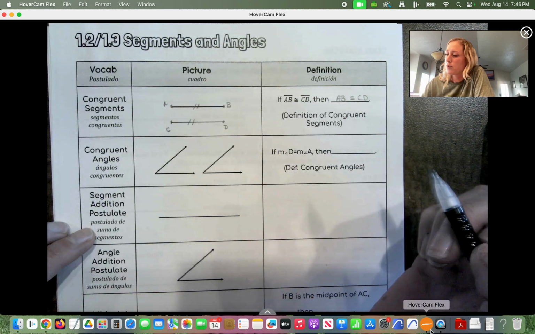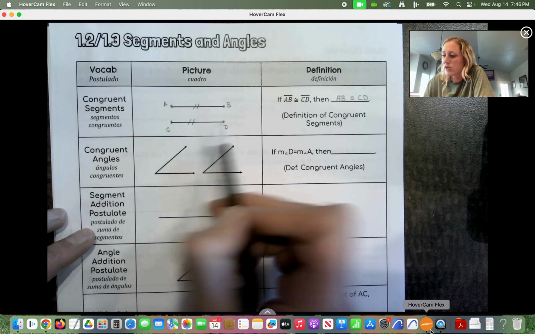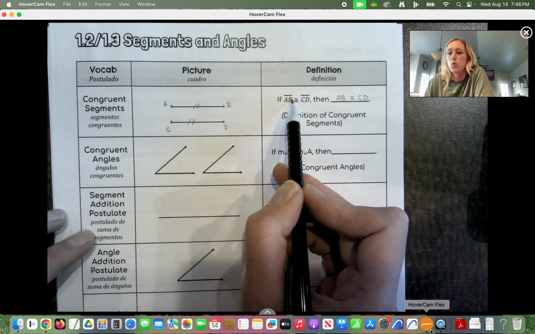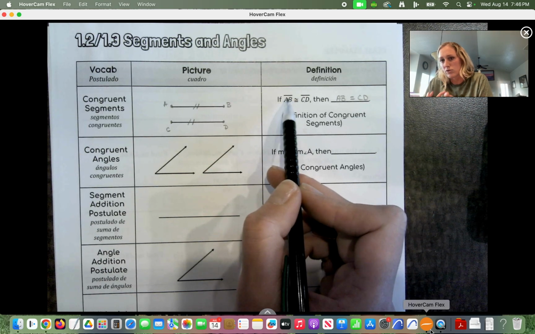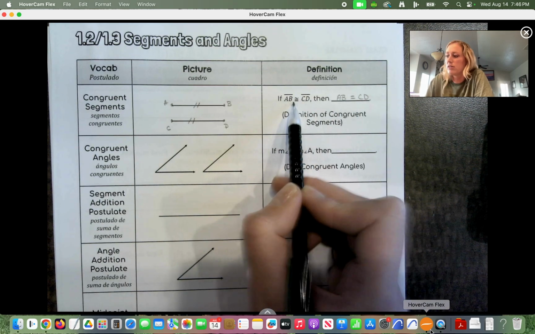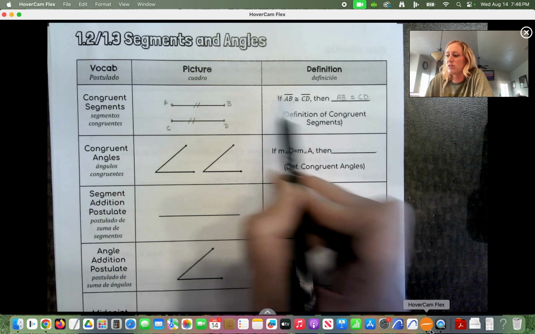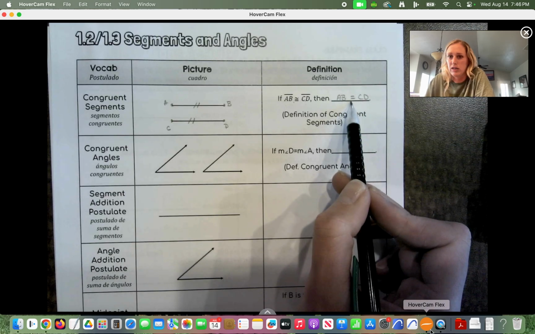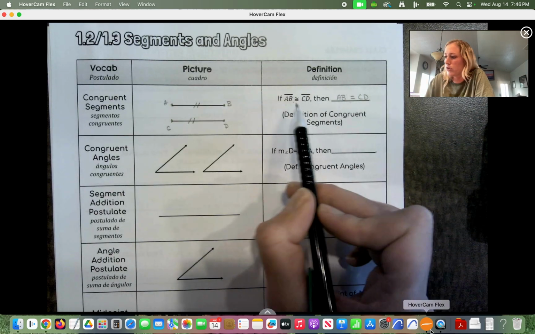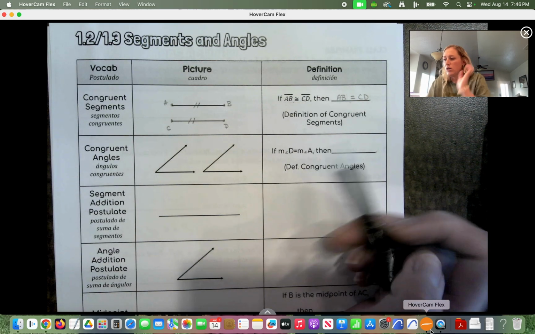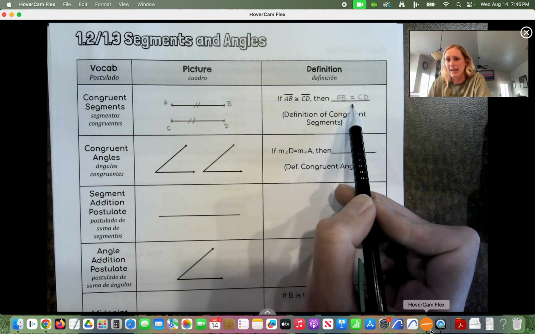When we are naming the figures, we use the segment symbol and we use a congruent sign. When I'm actually talking about the measurements or their lengths, I use an equal sign. So if they're congruent, then they have the same lengths. That's what this means, okay? So length, an equal sign, no segment symbol. Congruent has the segment symbol, okay? If they're congruent, then their lengths are equal.